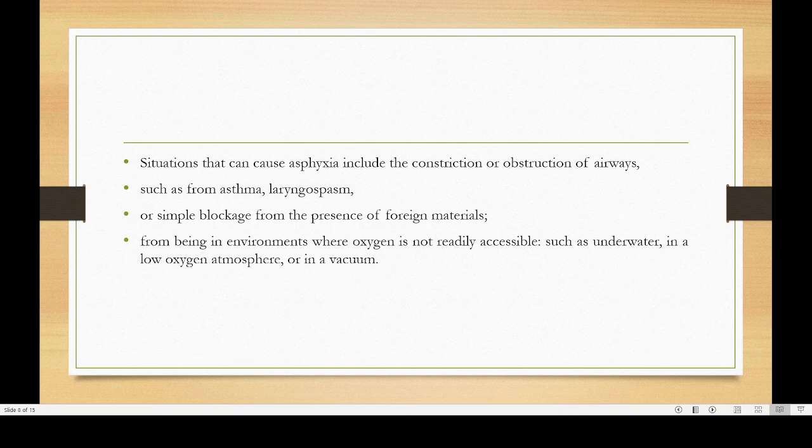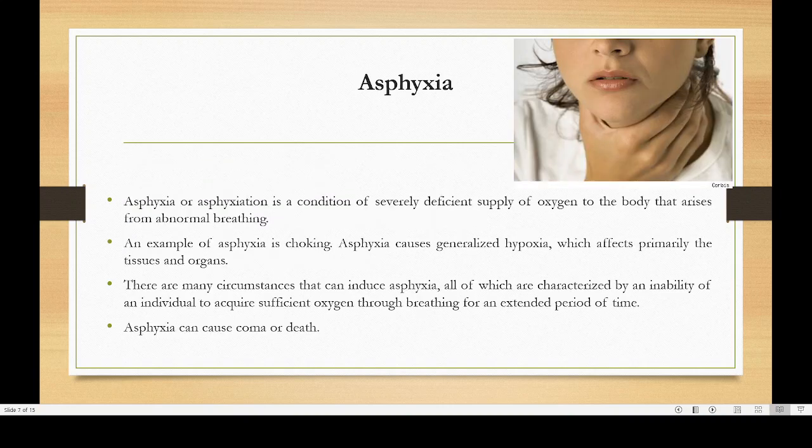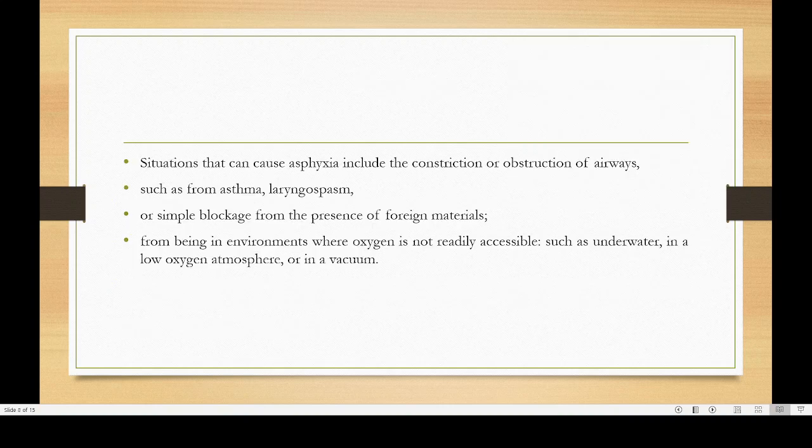So what we were discussing is asphyxia, and we can see that asphyxia happens during extreme deficiency or extreme lack of oxygen. Normally anything that blocks or constricts your airway, a disease like asthma or laryngeal spasm, or the presence of some foreign material in your airway or windpipe, can result in asphyxia.